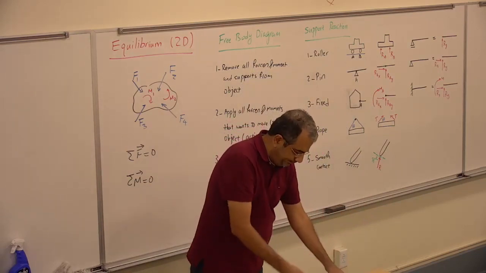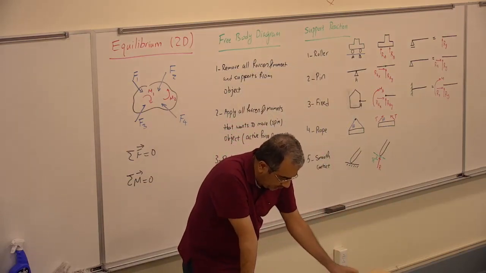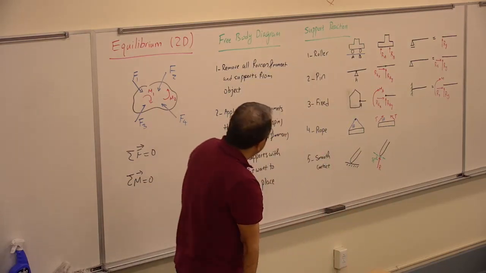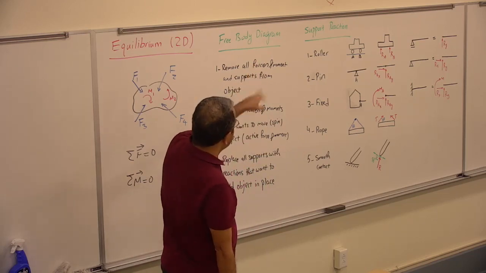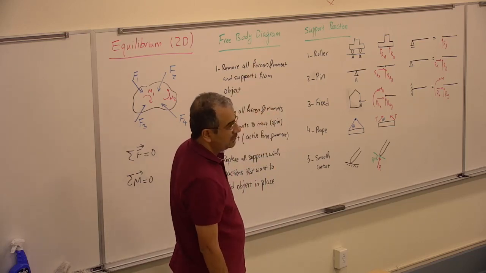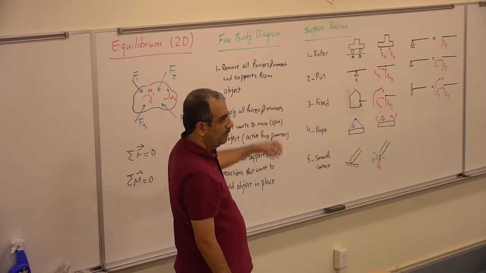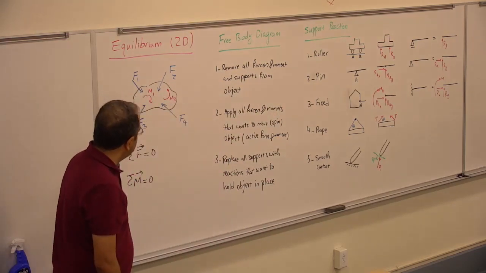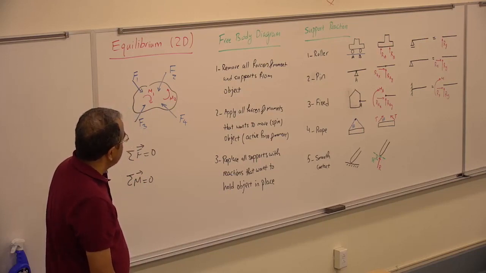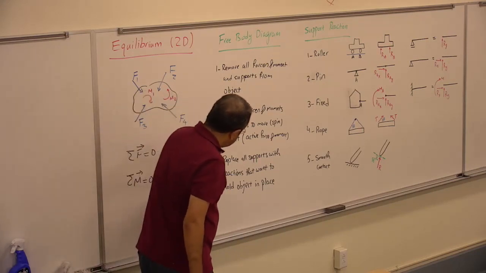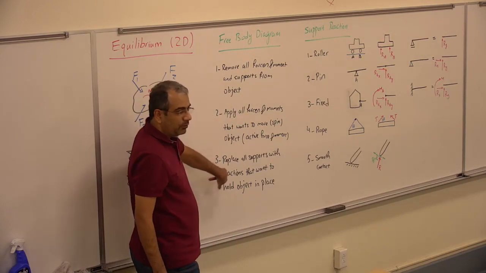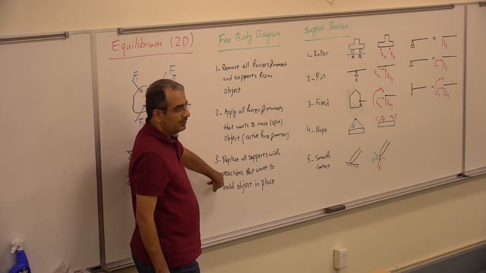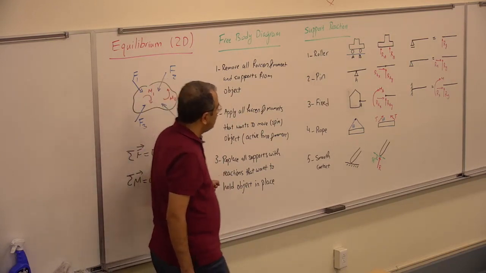There are a couple more in the book, you can look at it, but in the majority of the time, we only use the first three. So this part is that when I said replace the support with the reaction, this is what I would do.